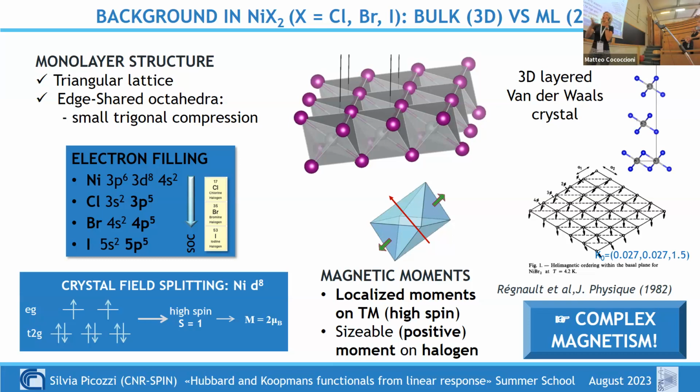And they showed some complex magnetism, some kind of spiral helix, which is kind of exotic. And so we were wondering if this complex magnetism still exists at the monolayer stage. So we basically tackled the calculation of a monolayer of nickel chloride, bromide, and iodide.